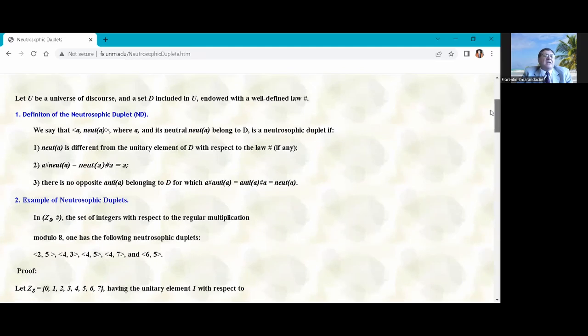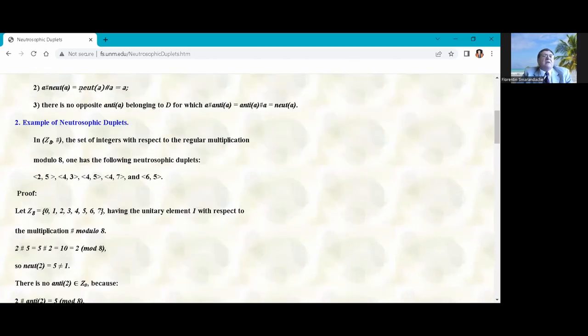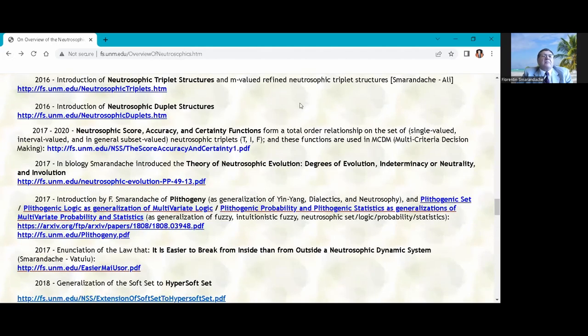So we have only A and neutral of A. A combined with neutral of A is equal to neutral of A combined with A is equal to A. So these are the Neutrosophic duplet elements.